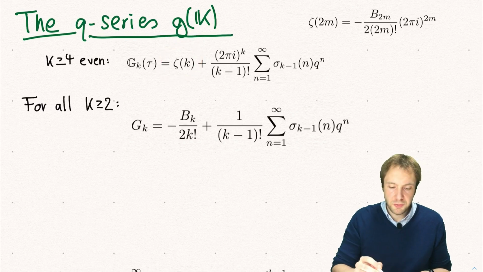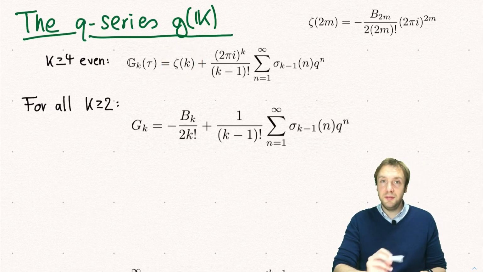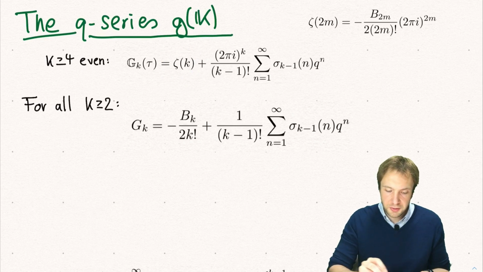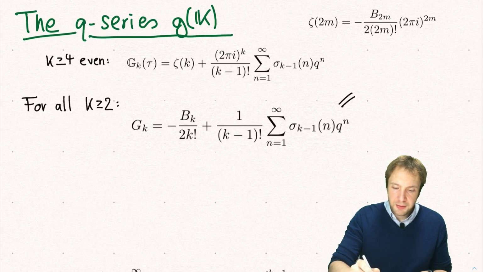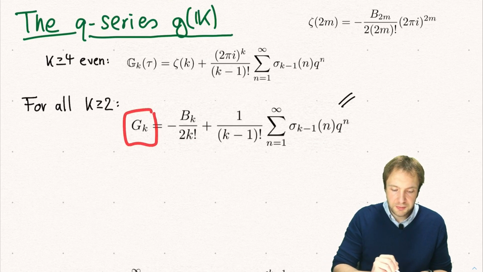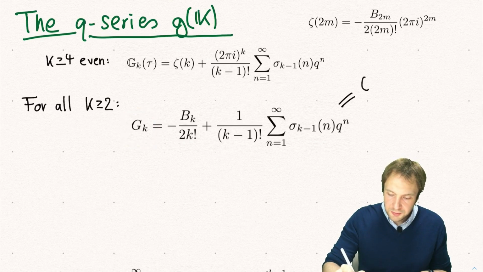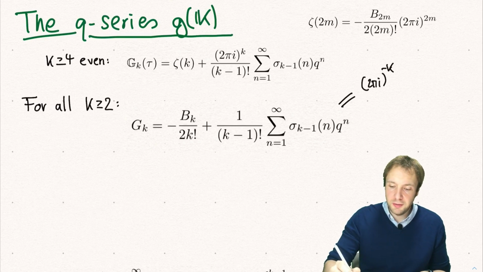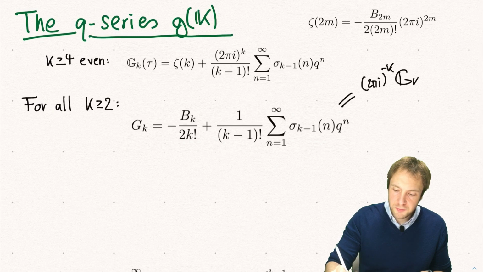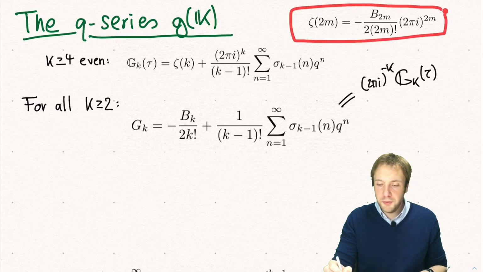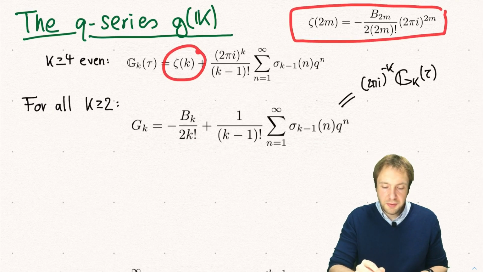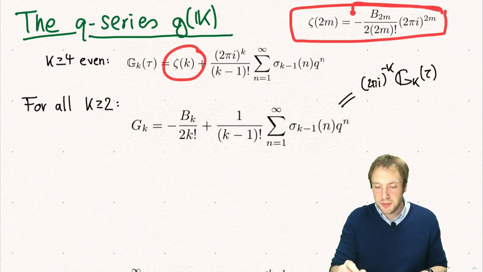And since we want to get a q-analog of these zeta values, we will divide out the (2 pi i) to the power k. And what we get is this g_k of tau. Due to this formula we did in the first lecture, this zeta value for even k is given by this.